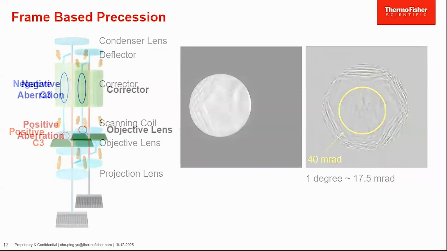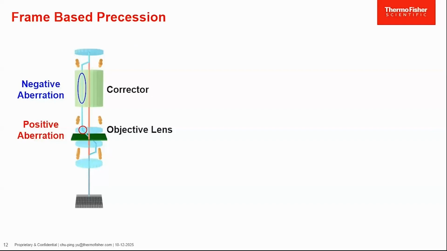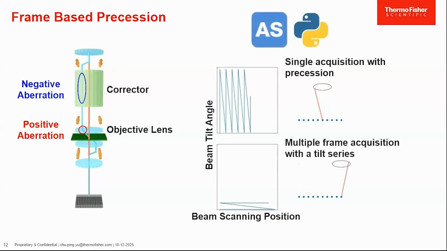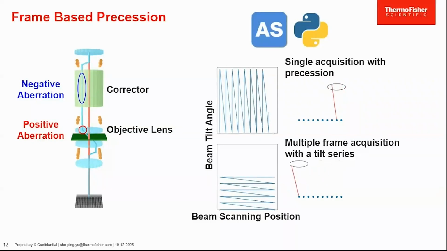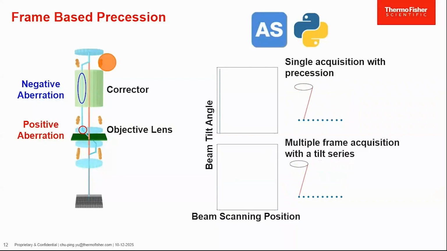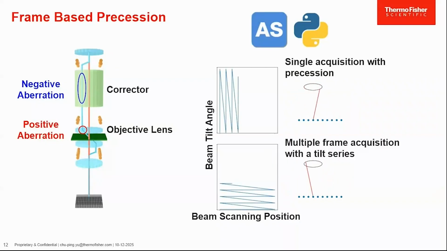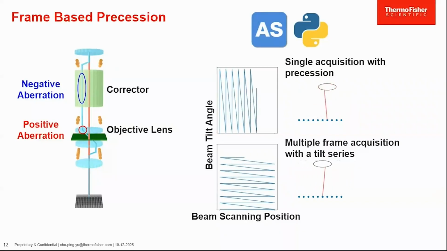Another difference between the precession motion I'm promoting here and the conventional precession is the hierarchy of the motions. Since we're using the deflectors above the corrector, these are DC deflectors, so we are limited in creating a continuous precession motion, as in the conventional precession.